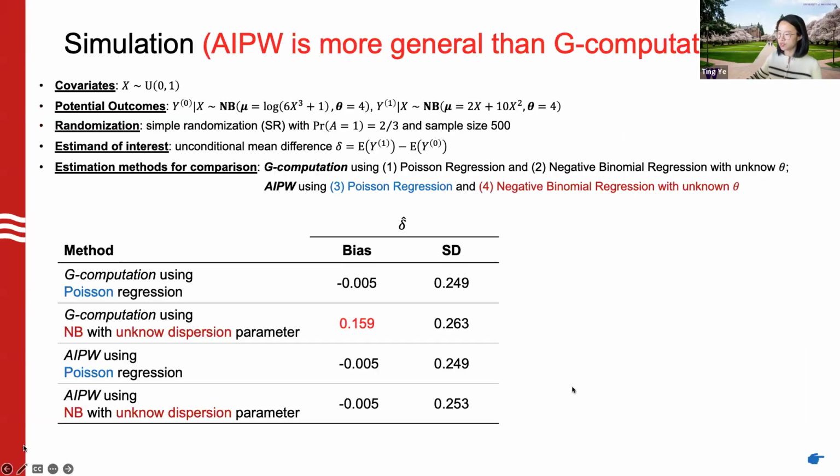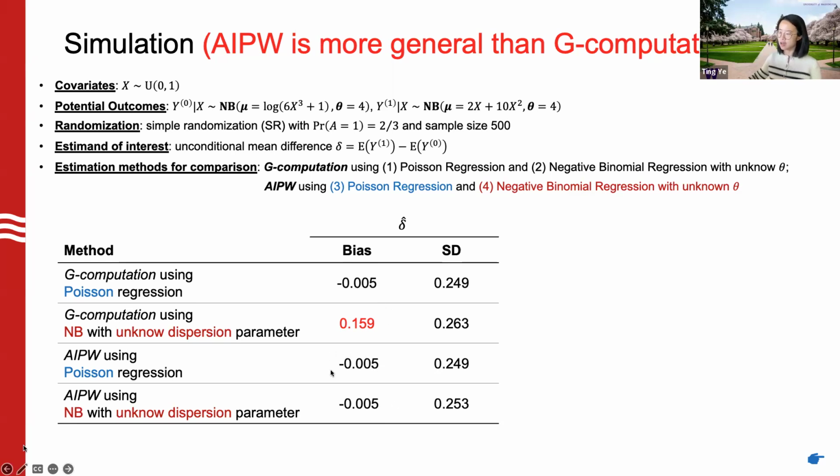So this is just to return to the example we showed earlier. If we use AIPW estimator, regardless of using Poisson regression or negative binomial regression, the estimator will always be unbiased. And in this case, you can see the AIPW with Poisson and G-computation with Poisson are almost the same.